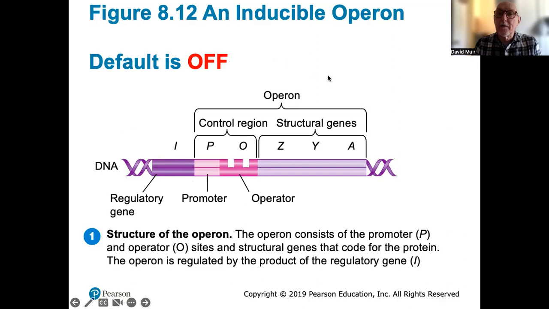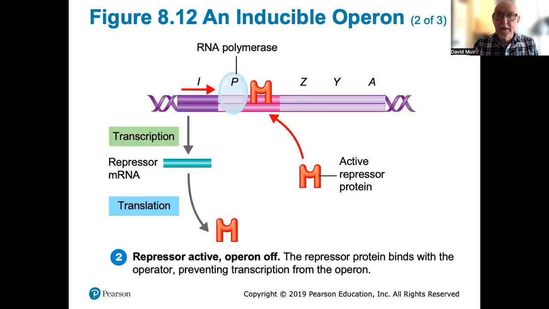So here we're talking about an inducible operon. The default is that this gene remains off. It remains off until a signal is given for transcription to begin.